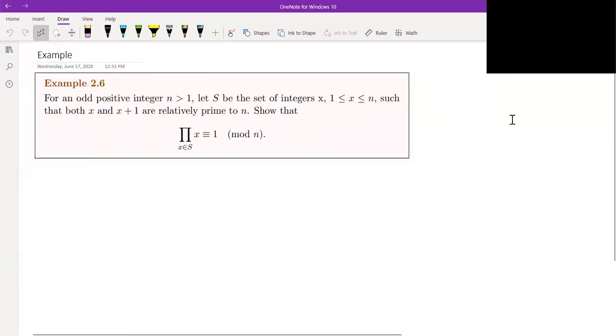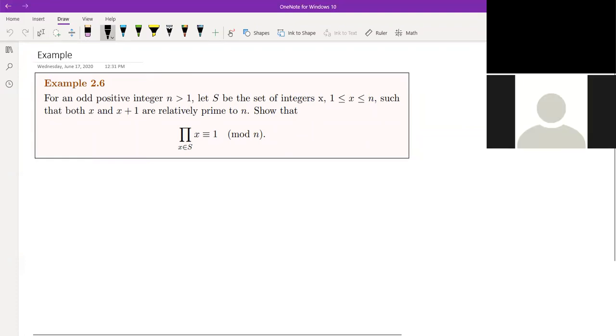Here's an example, and I'm going to quickly explain it. For an odd positive integer n greater than 1, let the set S be the set of integers x, where x is between 1 and n, such that both x and x plus 1 are relatively prime to n.